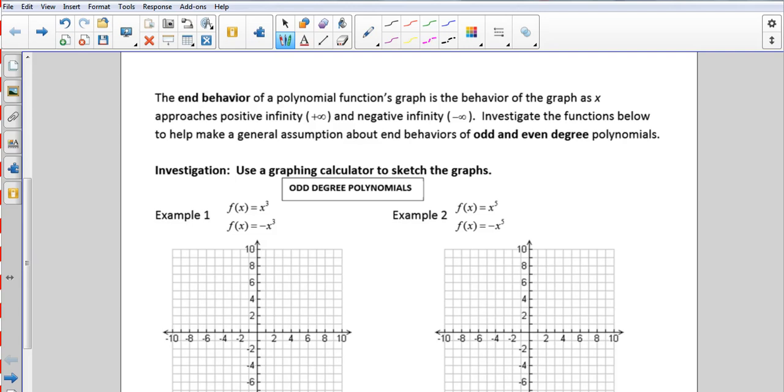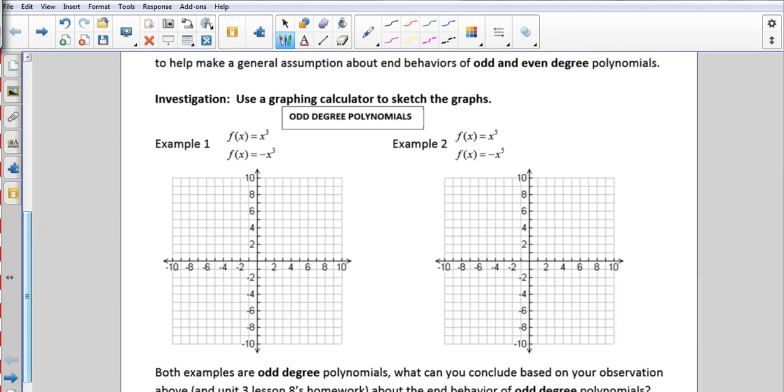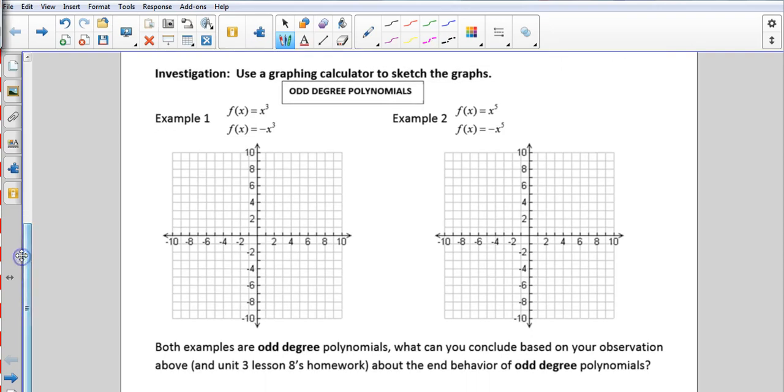Investigate the functions below to help us make a general assumption about end behaviors of odd and even degree polynomials. So you're going to use a graphing calculator to sketch these graphs. You can do this very simply.